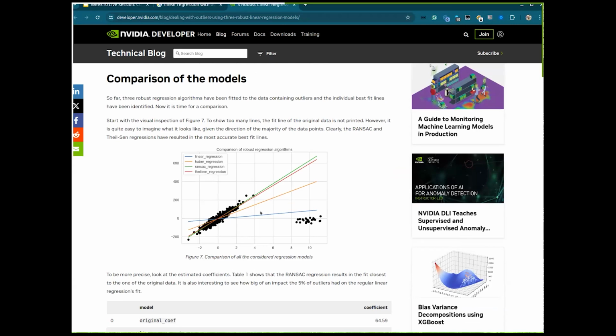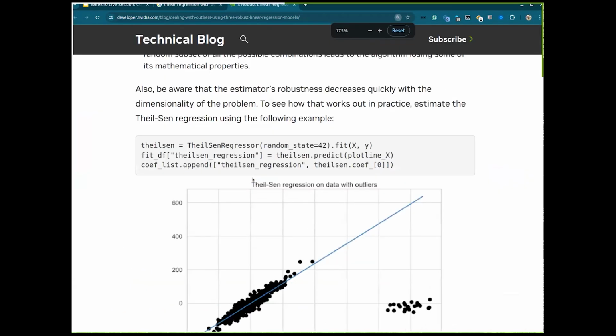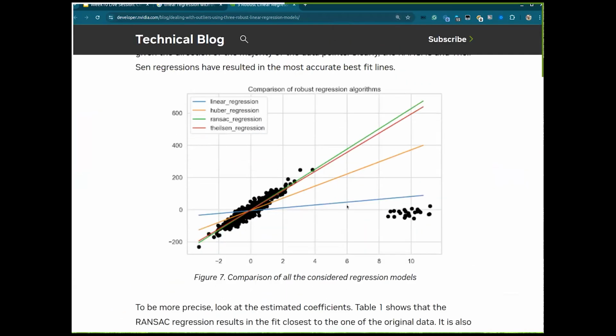Basically, the data set is fixed. You have a cloud of points. Let's say originally this was the real cloud, and let's say all these points are outliers for some reason. Of course, it's a fake data set, but we can assume these points are outliers.